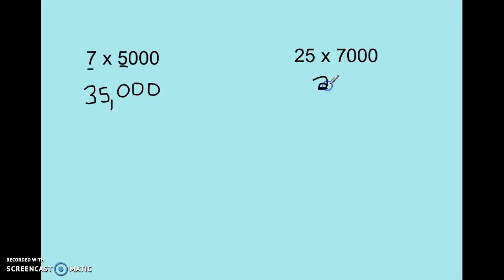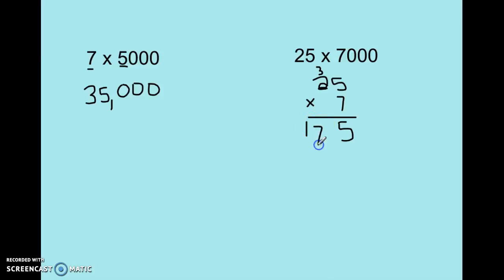Very good, 2 there. 25 times 7. Seven times 5 is 35. My 5 here. Carry my 3. 2 times 7 is 14, 15, 16, 17.